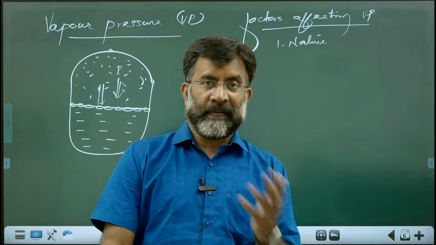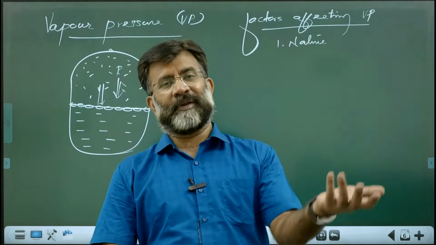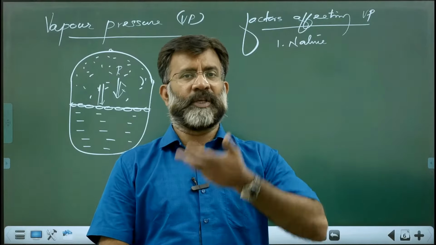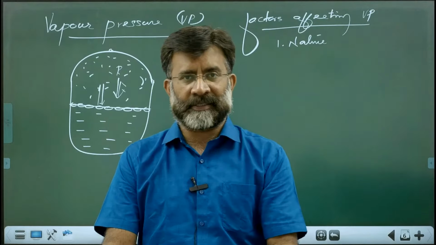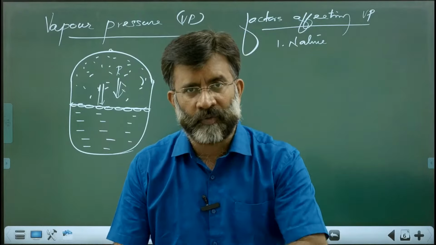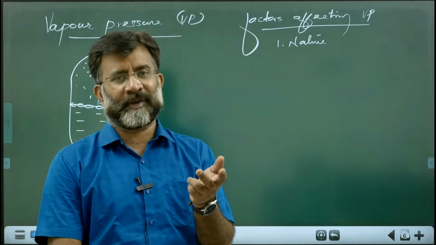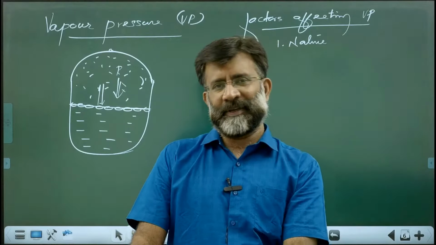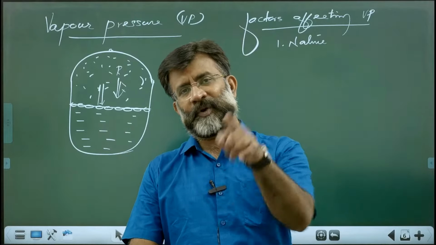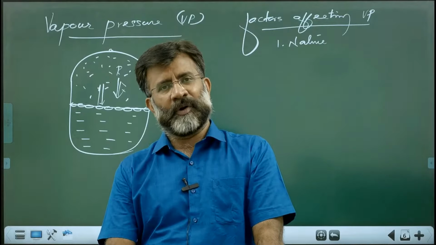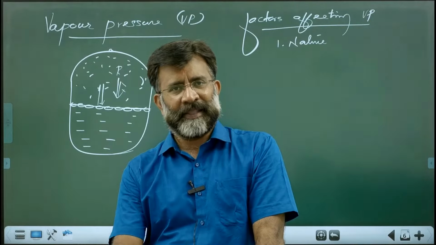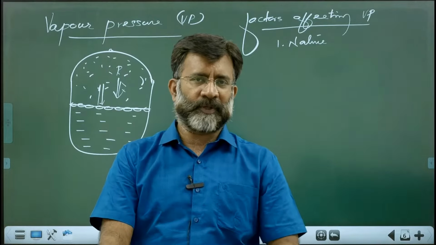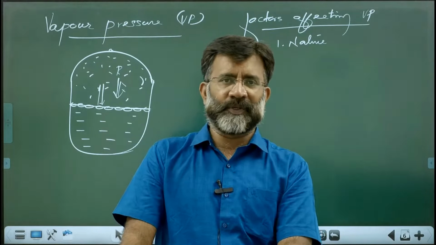So volatile materials mean their evaporation will be larger, vapor pressure will be larger, their vapor pressure becomes equal to external pressure very fast, and their boiling point will be lower. Higher vapor pressure means the boiling point is lower. So volatile materials have high vapor pressure and are low boiling in nature. What about non-volatile materials? Their vapor pressure is low, their boiling point is high. So vapor pressure and boiling point are inversely related.